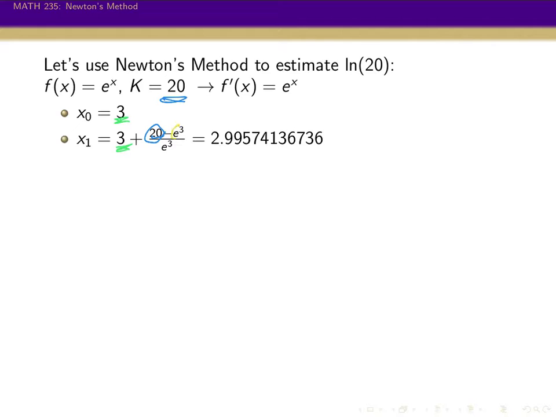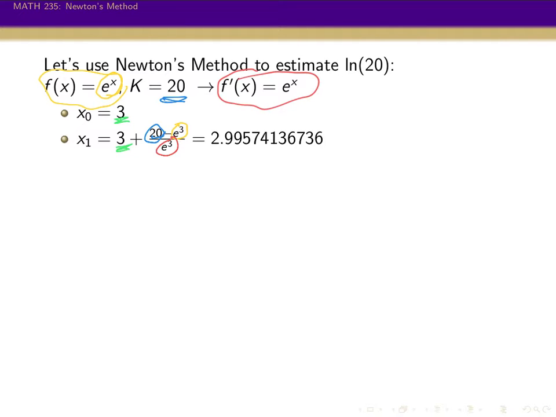The e to the third is coming from f of x equals e to the x, so that's minus f of 3. Then the e to the third on the bottom is coming from plugging 3 into the derivative. This is the same formula that we had before.